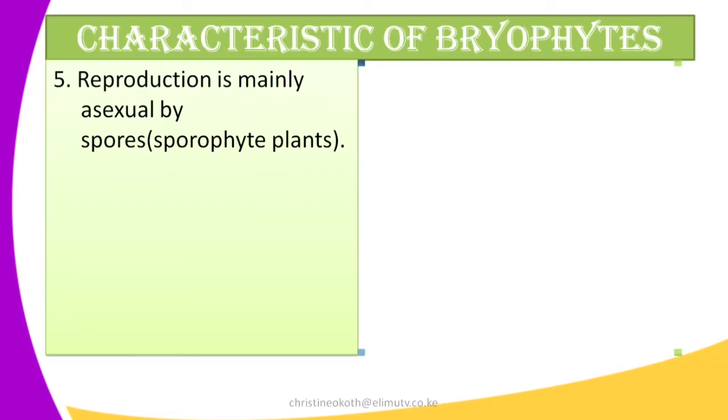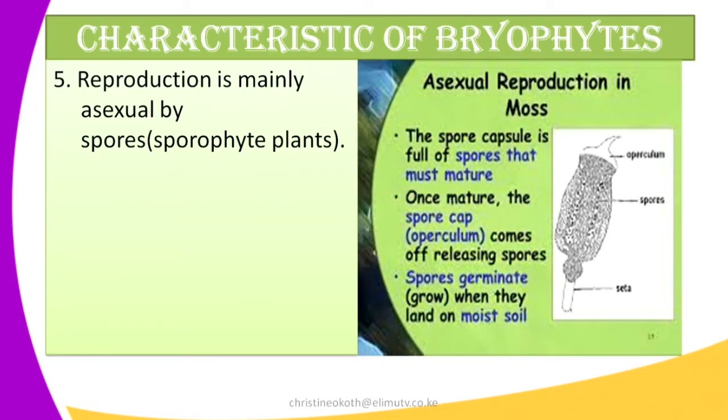Another characteristic of bryophytes is in terms of their reproduction. They undergo either asexual or sexual reproduction. For asexual reproduction, a moss is an example of a bryophyte. The spore capsule is the upper part, and it is full of spores that must mature. Inside the capsule, enclosed, are the spores.